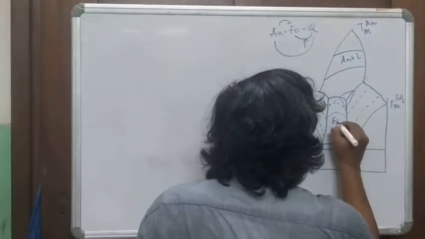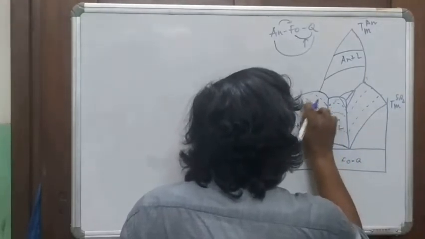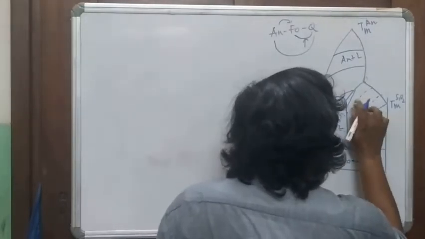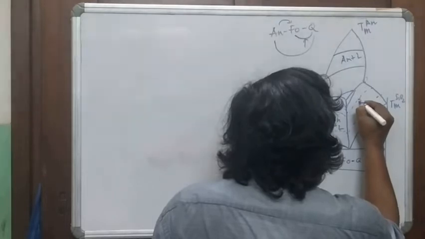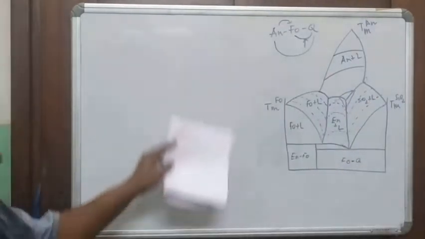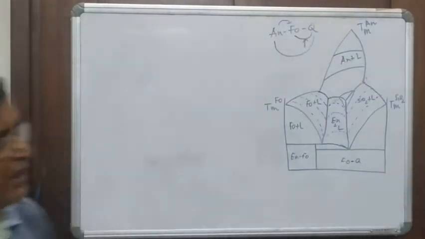This is enstatite plus liquid. This is forsterite plus liquid, and this is SiO2 plus liquid, and these are the isotherms. All phases are taken to be pure phases. There are no solid solutions in this phase diagram.